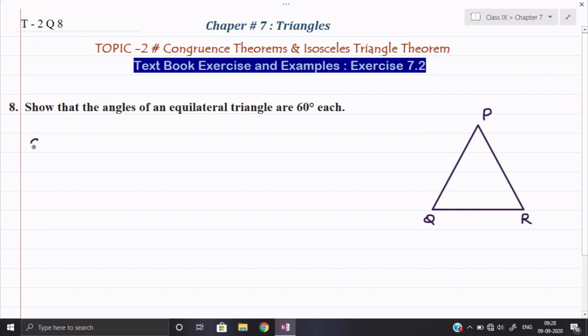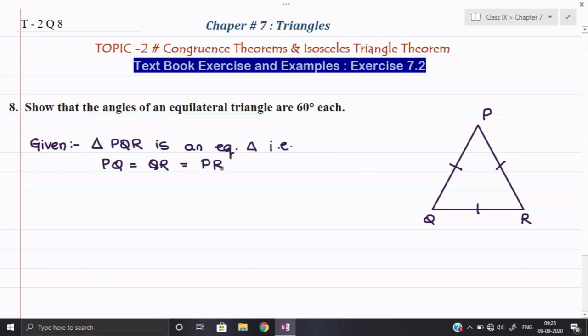Okay, now first we shall write down the given things. What is the given thing in the question? They are saying the triangle is equilateral, so I can say that all the three sides are equal. So triangle PQR is an equilateral triangle, that is PQ is equal to QR is equal to PR.